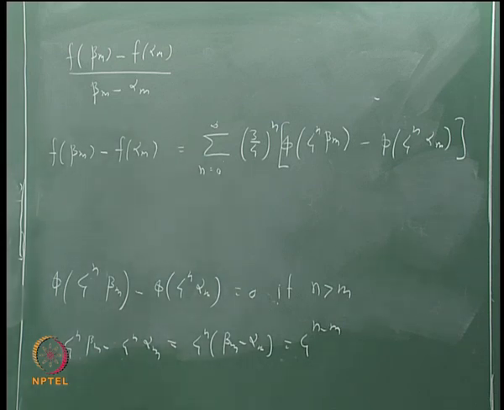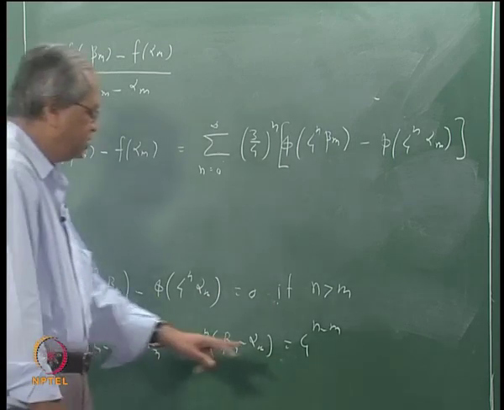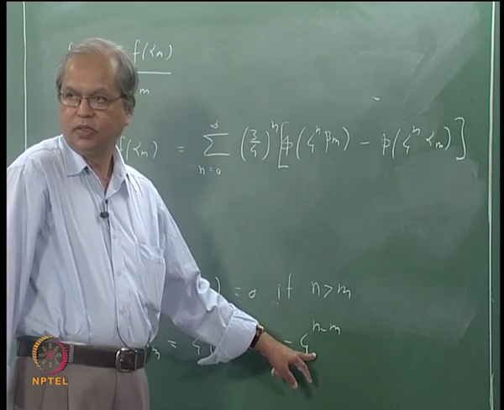If n is equal to m, what happens? Let us first consider n less than m. If n is less than m, then the difference is a negative power of 4.